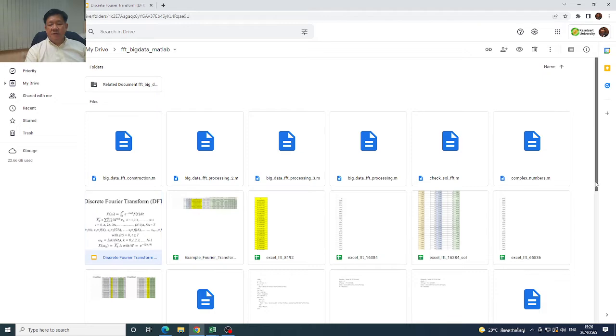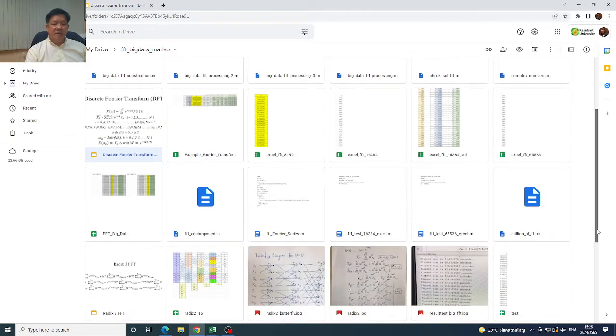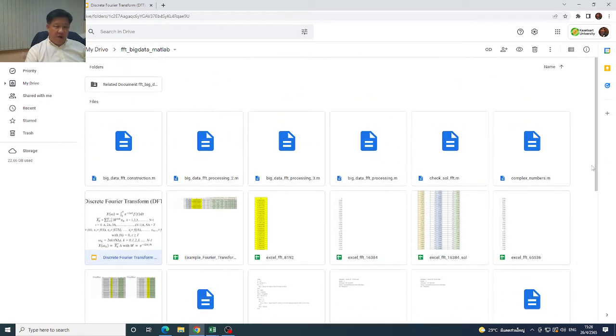And it's going to contain both the slide and Excel compatible file and also Matlab compatible file. So before we start the topic, I would like you to install, if you have a Gmail address, you can directly install the Matlab software.